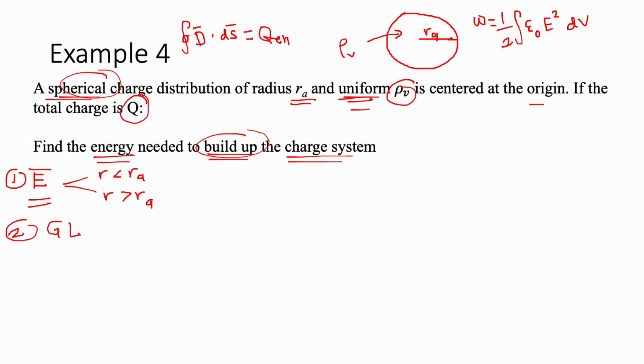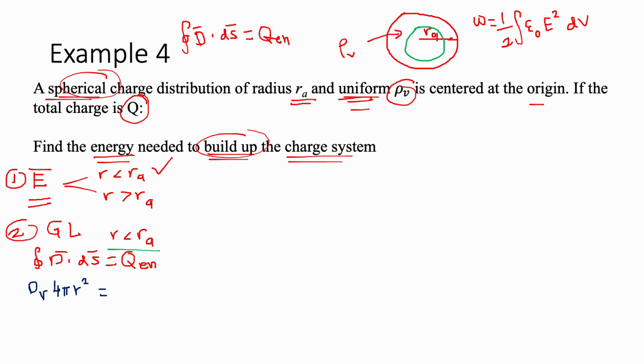So now let's get D dot dS equals Q enclosed. Let's use the first condition, when R is less than RA, meaning that your Gaussian surface is located inside the structure. For your left-hand side, it is going to be your D, of course, in R direction, and your dS is going to be 4 pi R squared.